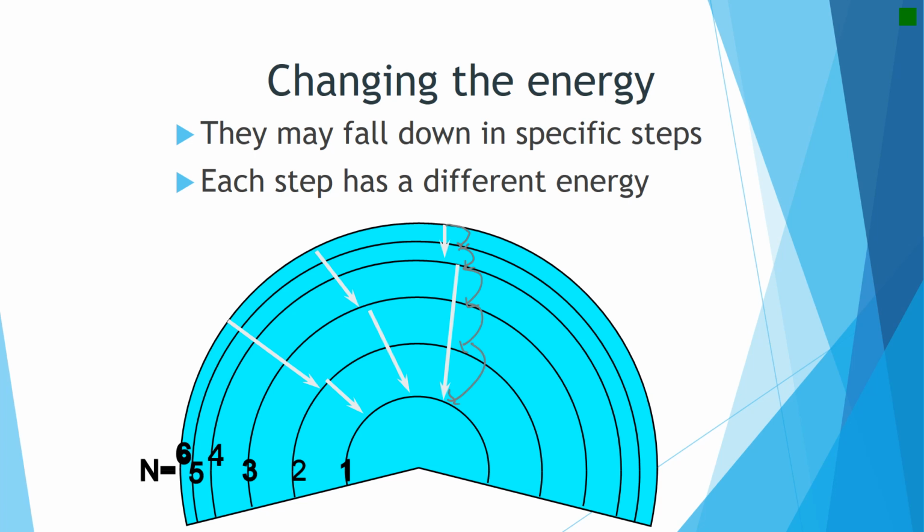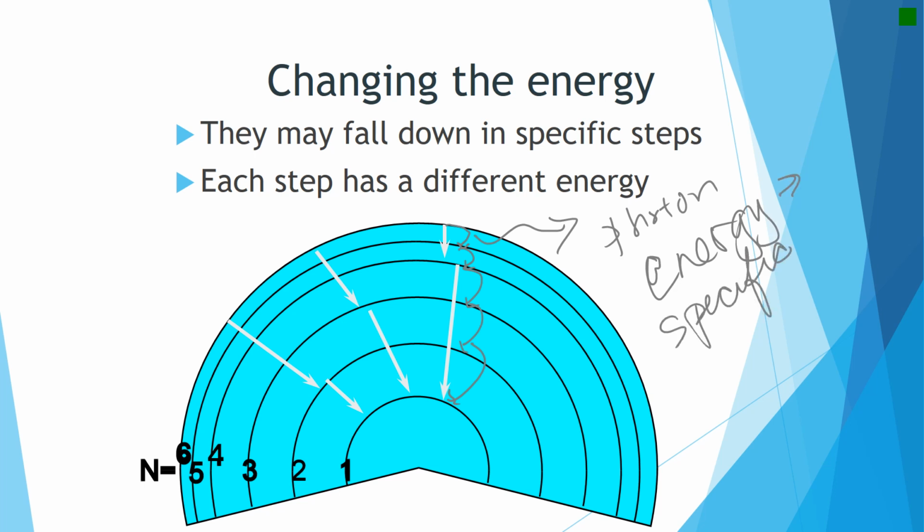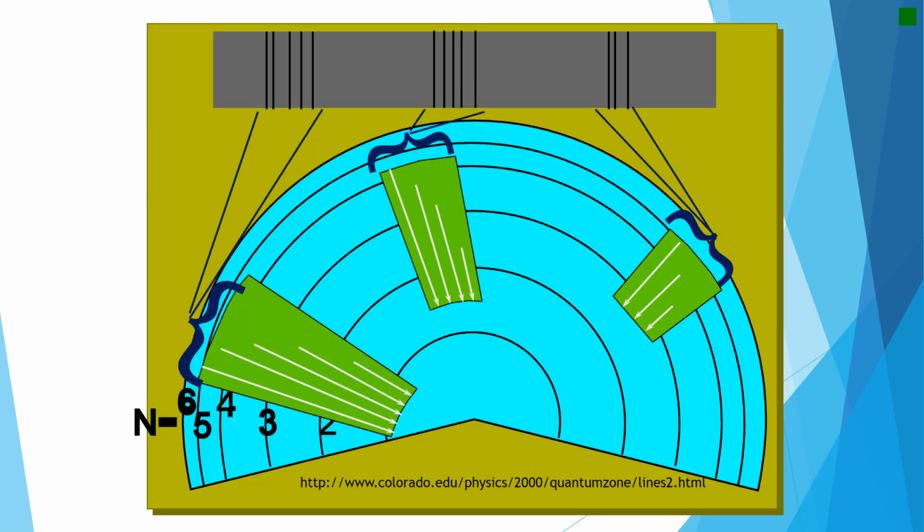Each of these will release a photon, and this photon has a certain amount of energy associated with it, and that energy is translated to a specific color. If it's a larger jump going all the way down, you're going to be more in the violet area. If it's a shorter jump like up here, you're going to be more in the red area, because the drop is not as much and the energy difference is not as much.